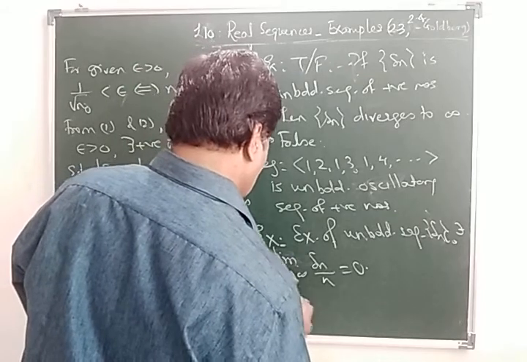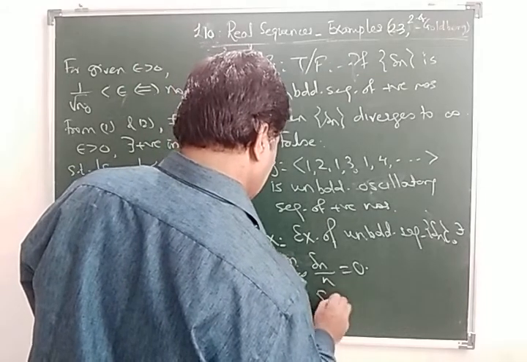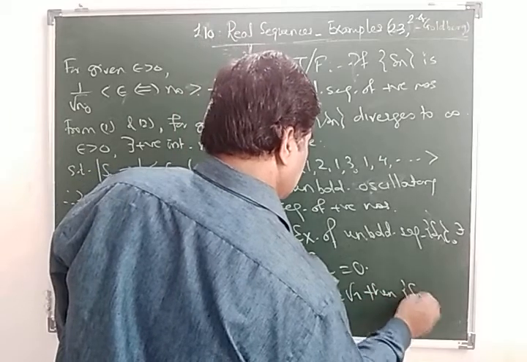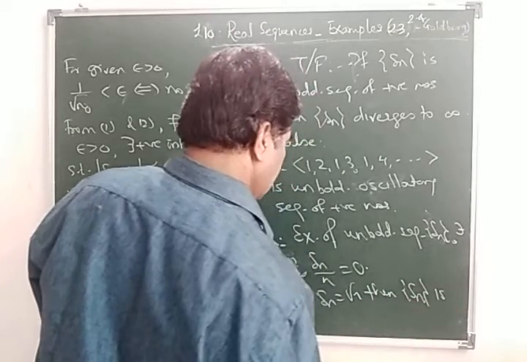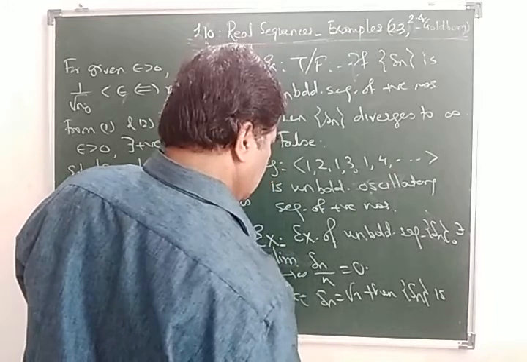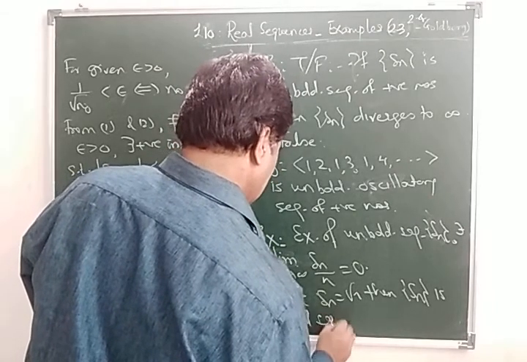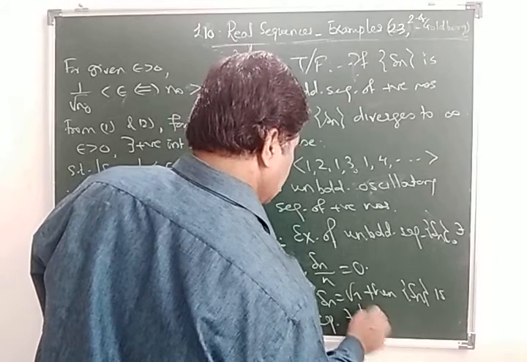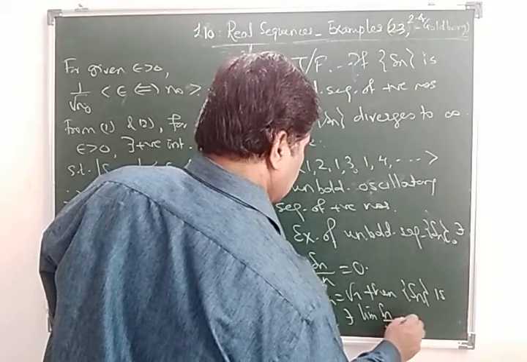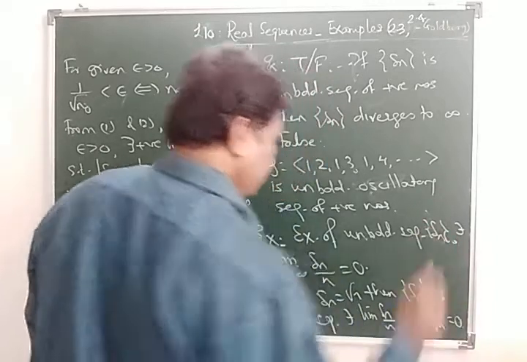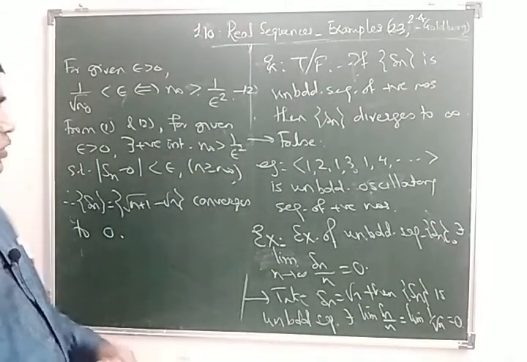So take Sn equal to root n. Then Sn is not bounded, it is an unbounded sequence, such that the limit of Sn upon n is equal to the limit of 1 upon root n, and it is 0.